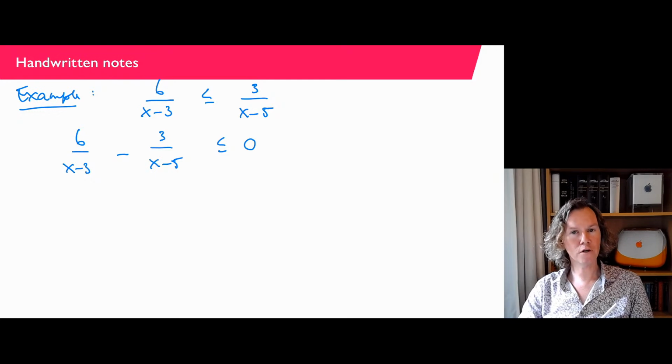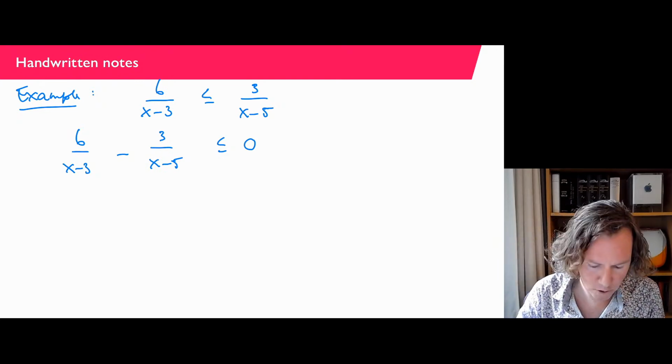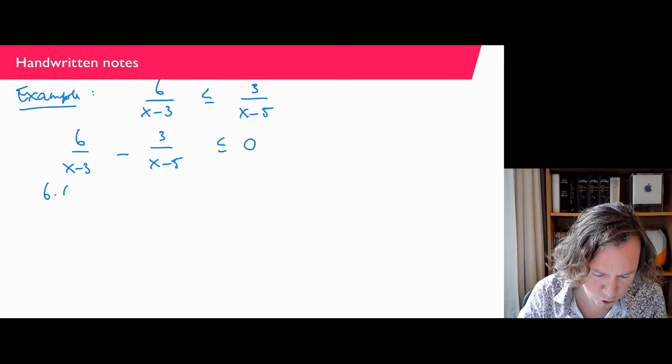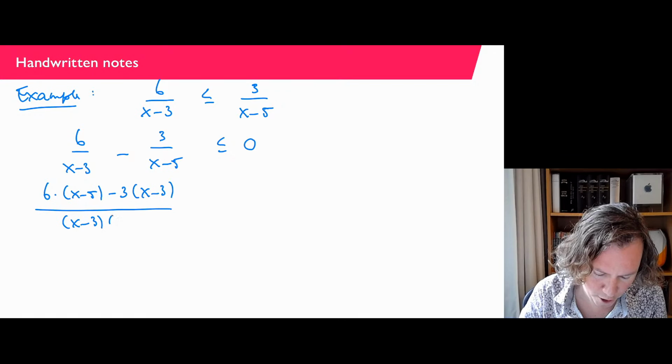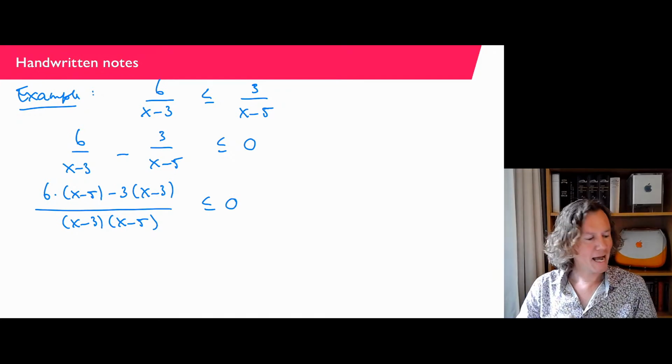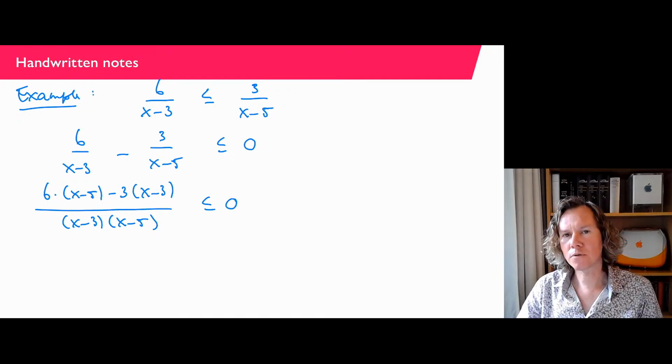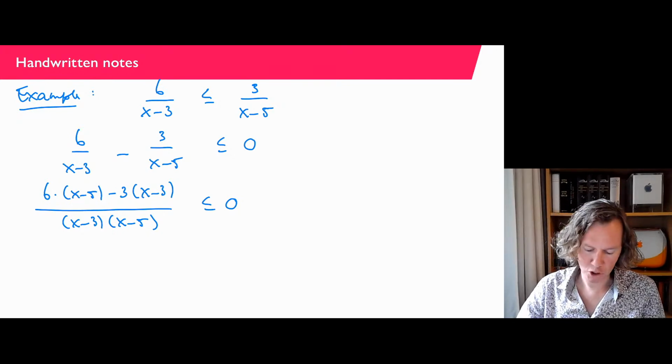Next, I'm going to give them the same denominator, because I want to take these two terms together. So then I get 6 times x minus 5 minus 3 times x minus 3 over x minus 3 times x minus 5 is less or equal 0. Now I can rewrite this a little bit, but basically we're back to the previous example.